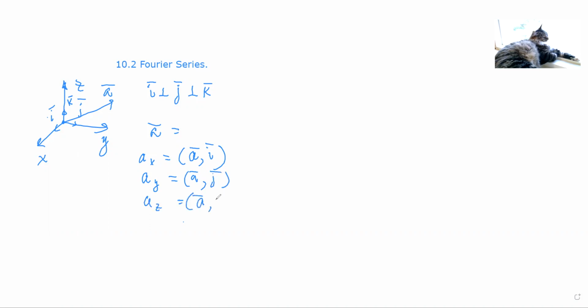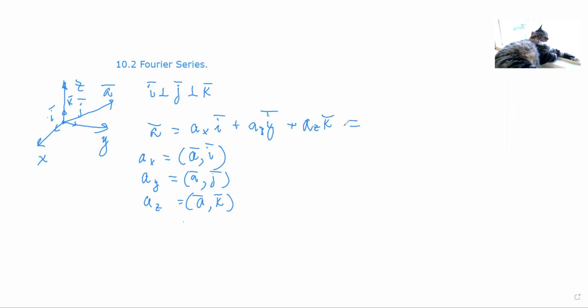So if you use AX, AY, and AZ, you can use them as coefficients to describe your vector. That's usually what we do.